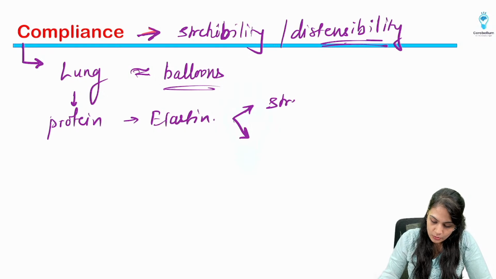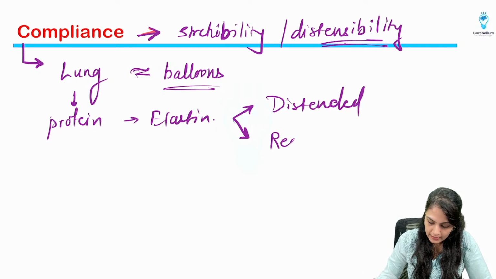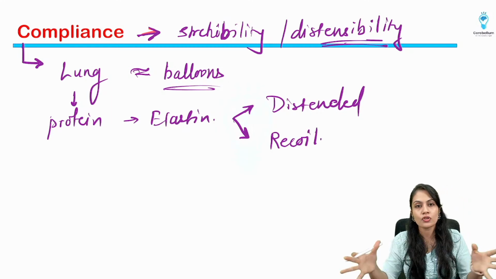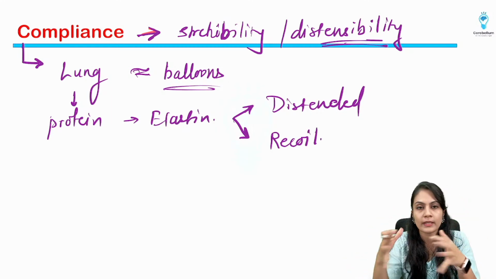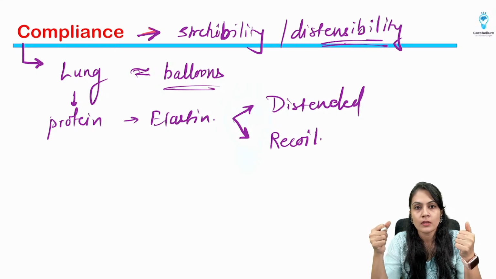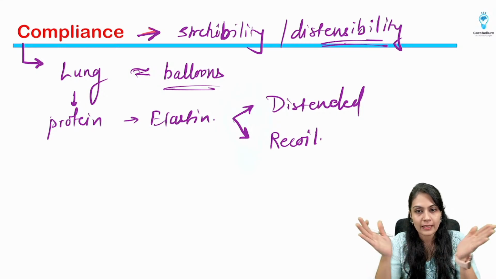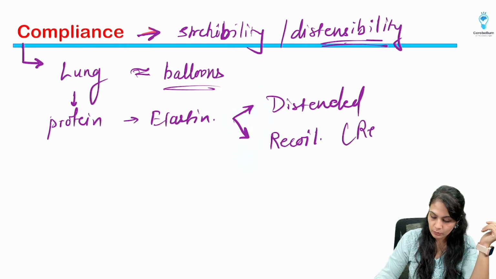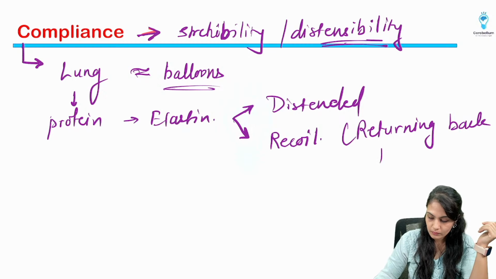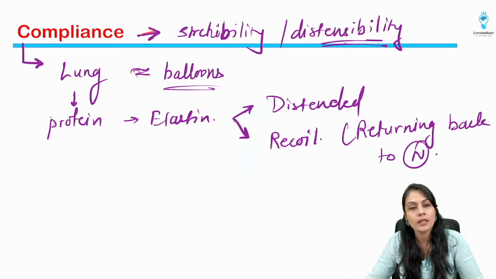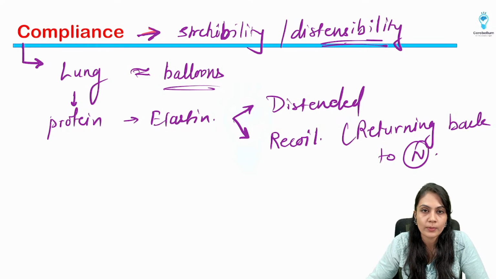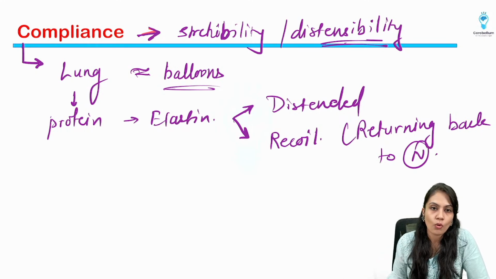So yes, it is going to get distended or stretched, and after that, once the tension for the distension or stretchability is over, what is going to happen? It is going to recoil back. Recoil means returning back to the normal position. So this is going to be the case in the lungs also, right?